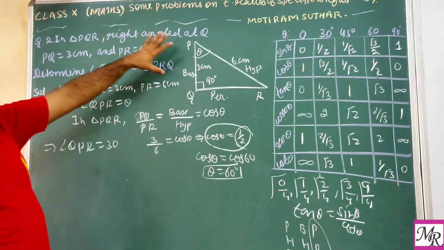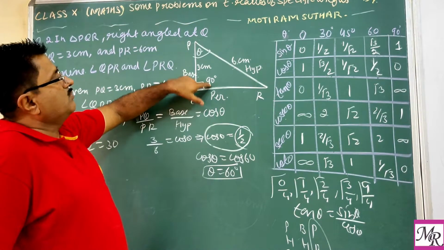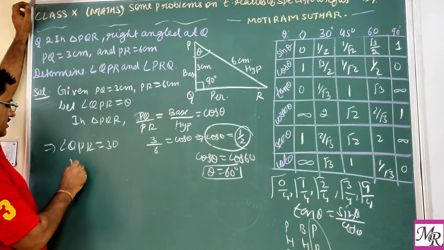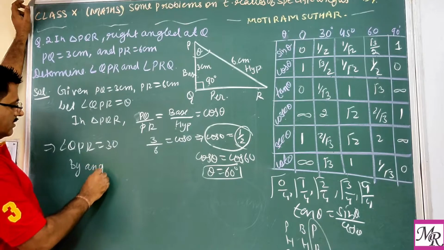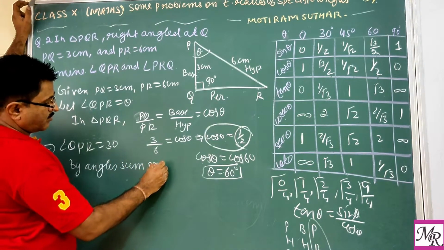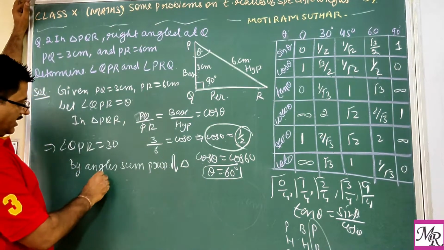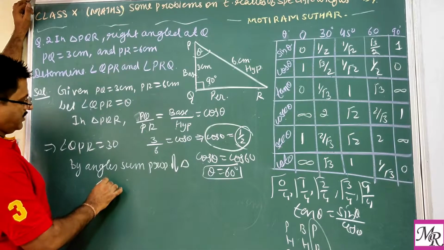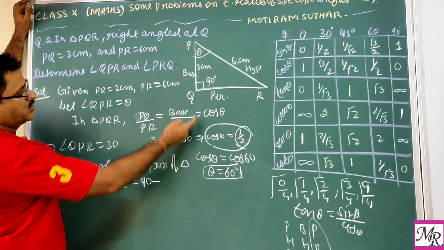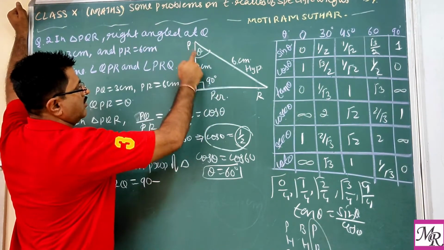Now in this triangle, this angle is 60 and this is already 90. So by the angle sum property of a triangle, angle R, or angle PRQ, is equal to 90 minus, because this is already 90 and the sum of the remaining will also be 90.